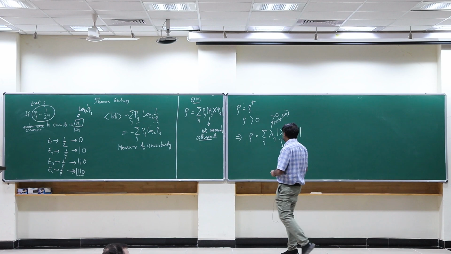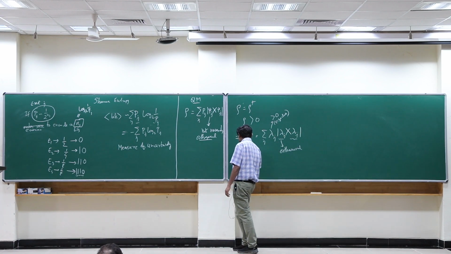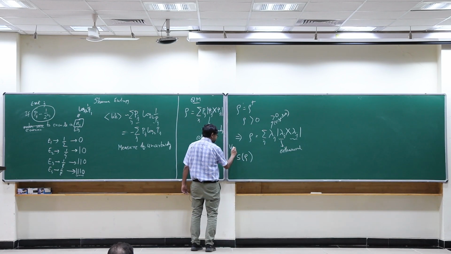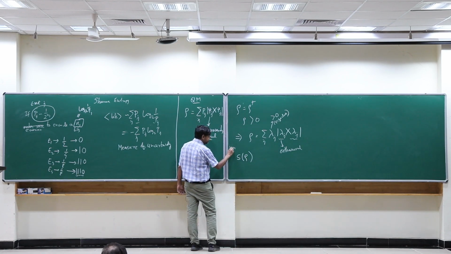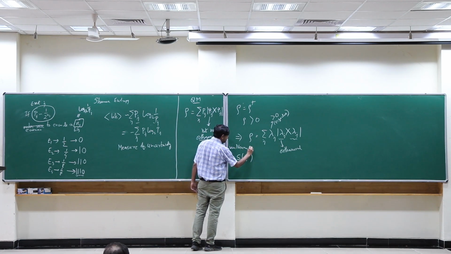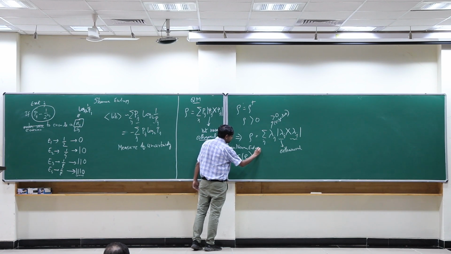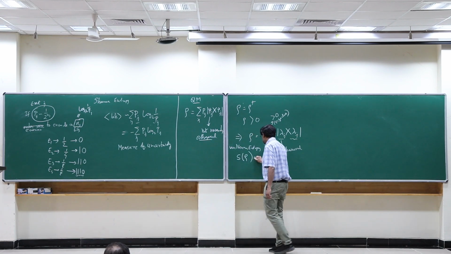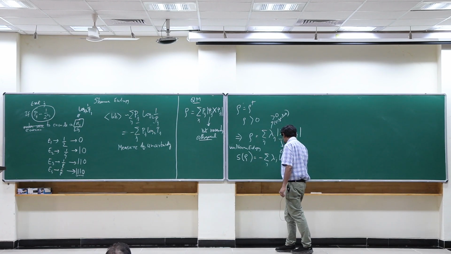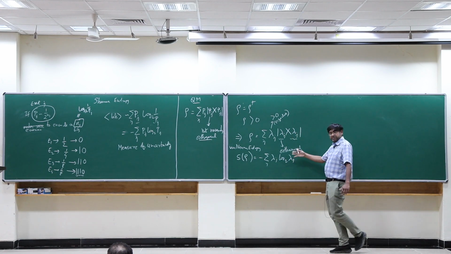That is called the von Neumann entropy of rho. It is minus sum over j of lambda_j log base 2 lambda_j, just as before.